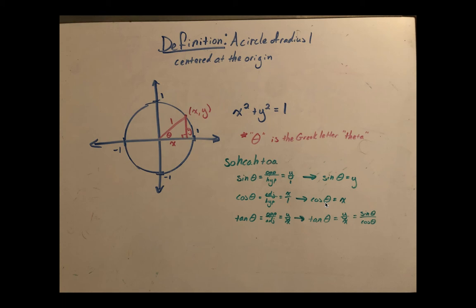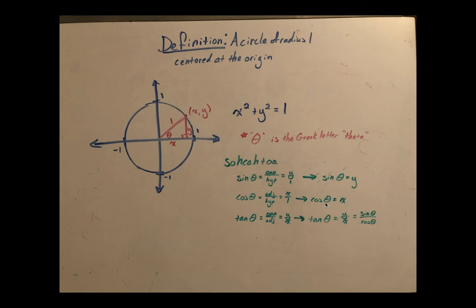So once again, that means that when you're working in the unit circle, you can measure an angle theta going counterclockwise from the positive x-axis, and that x, y point where the ray for the angle intersects the circle gives you the cosine and the sine of that angle.